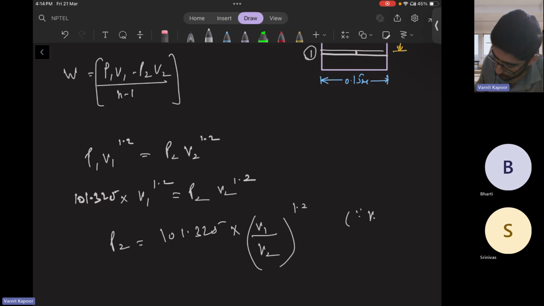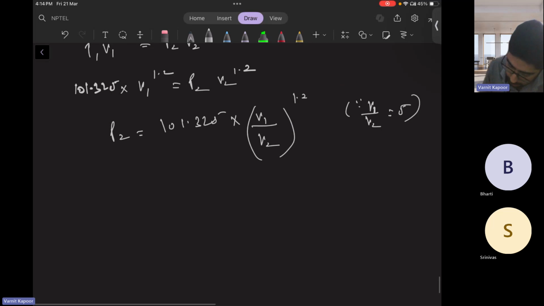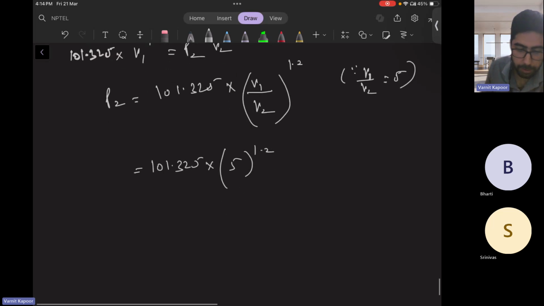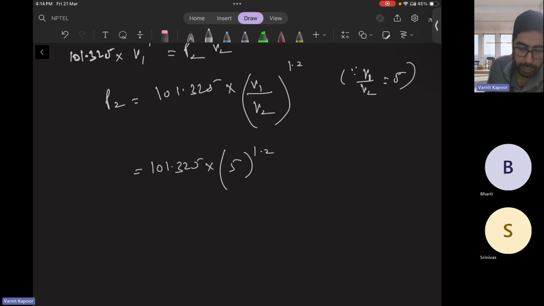Since V1 by V2 is 5, because final volume is 1/5. Put this value here. So that comes out to be 101.325 into 5 to the power of 1.2. So from here, P2 comes out to be 699 kilopascals.